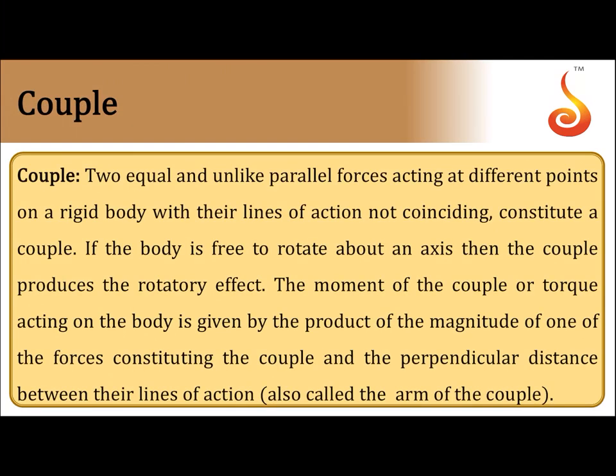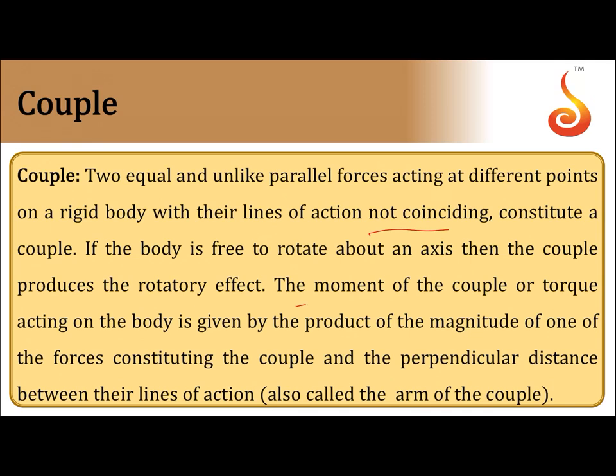Now coming to couple. A couple is a pair of equal and unlike parallel forces acting at different points on a rigid body with their lines of action not coinciding. If the body is free to rotate, it causes a turning effect, a pure rotational motion without any translation.